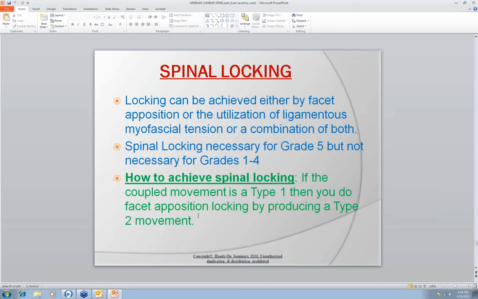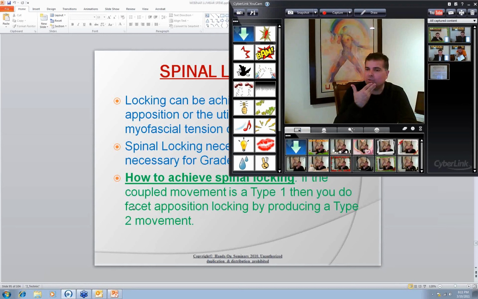In spinal mobilization and manipulation, though, we need to do what is called spinal locking. So let me give you an example here. If I want to produce, let's say, rotation of my neck, and I just do rotation from a neutral position, I will get the rotation, but my result might not be the most effective, or my outcome might not be the best in this case.